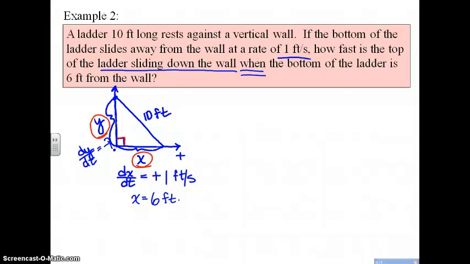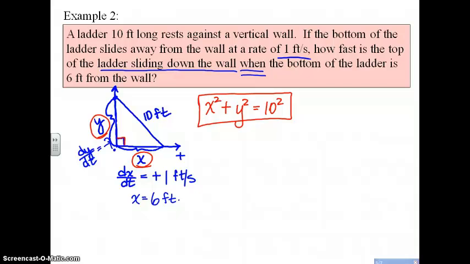I go back to geometry and I say, hey, I know that there is a relationship between the legs of a right triangle and the hypotenuse of that right triangle. It is x squared plus y squared equals 10 squared. So there is my relationship between the two variables that are involved.